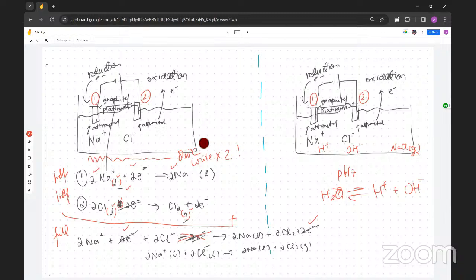This 7 represents 7 zeros, 10 million. So 1 in 10 million, only 1 in 10 million.